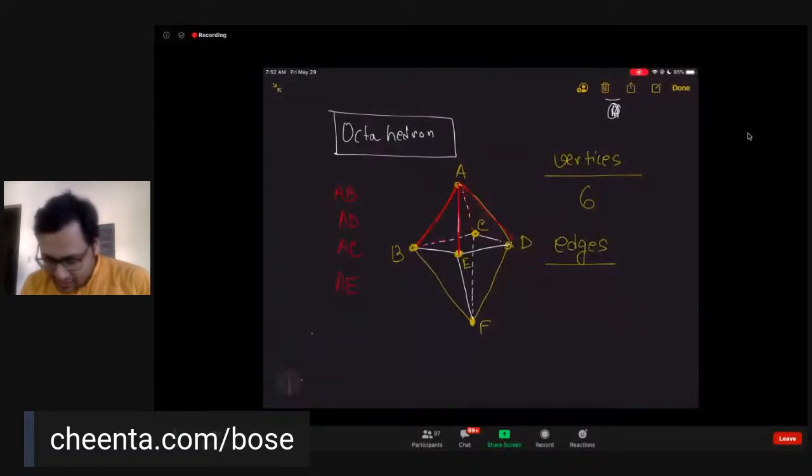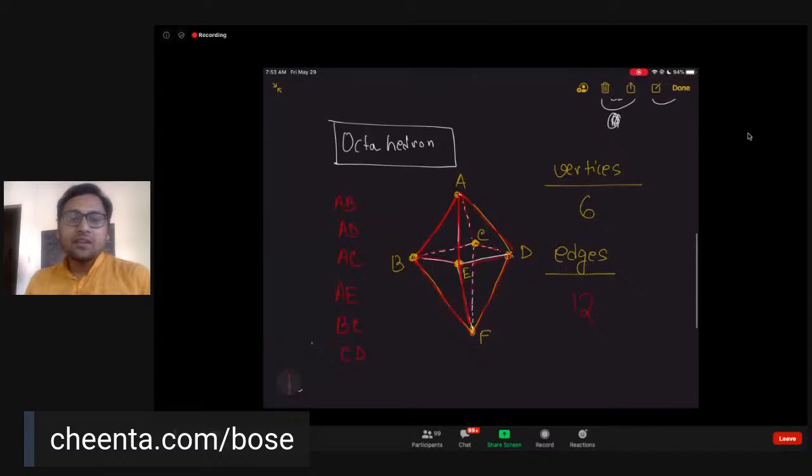BC is another edge. CD is another edge. Okay, so people are counting the number of edges already. So we got 6 of them. And now we can mark the remaining ones: BF, EF, DF, CF, ED, and BE. Right? Correct. So there are total 12 edges.